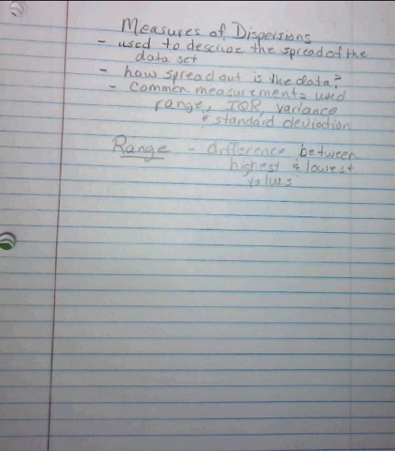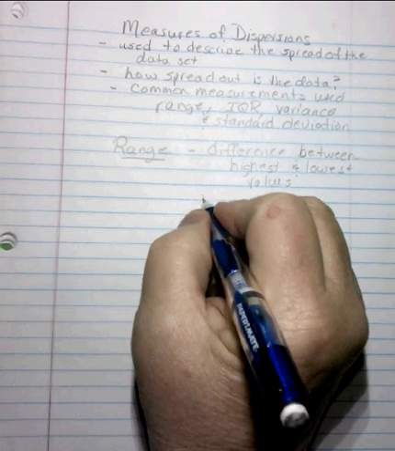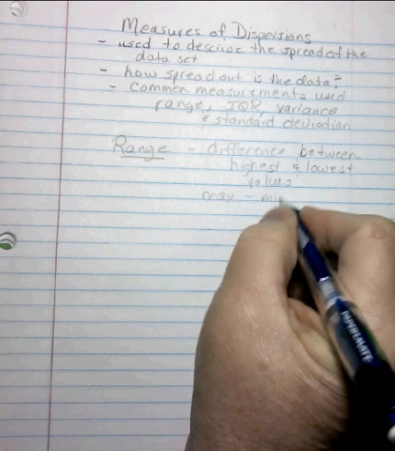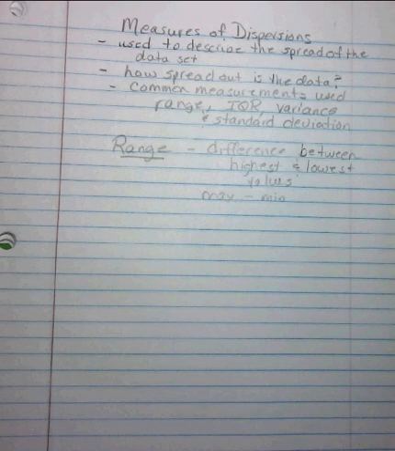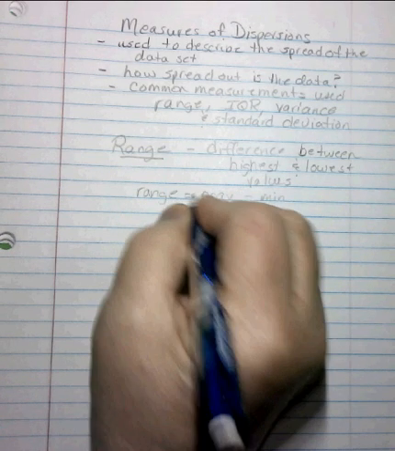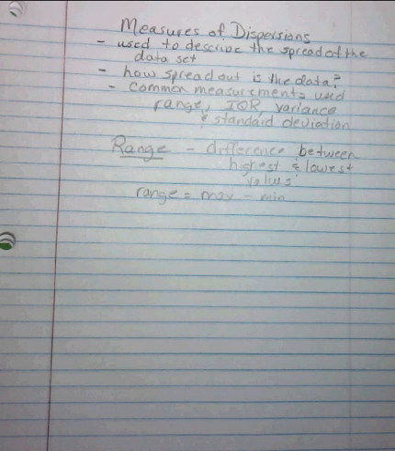If we were to look at a formula for range, it would just be the max value minus the min value. There is no notation for range, so it doesn't have a variable or some kind of symbol to represent range.